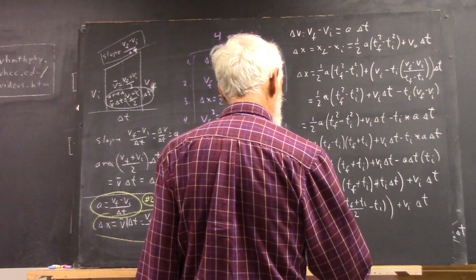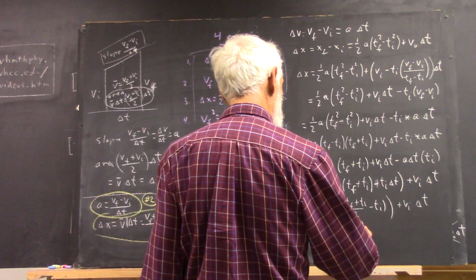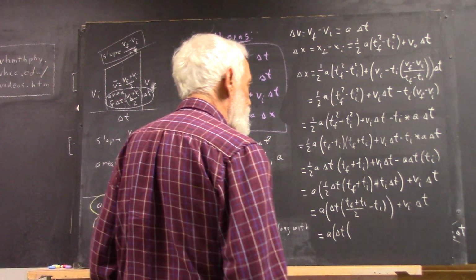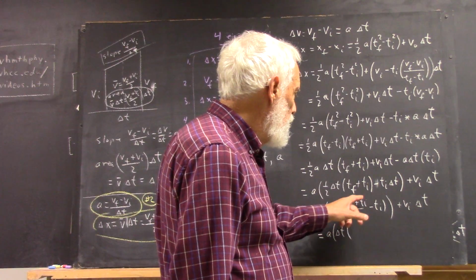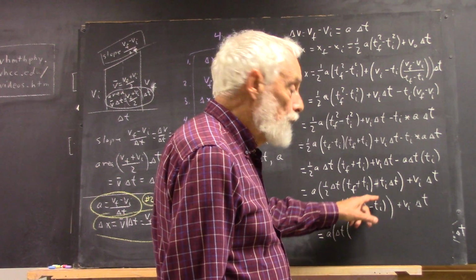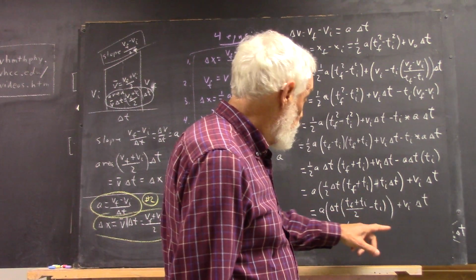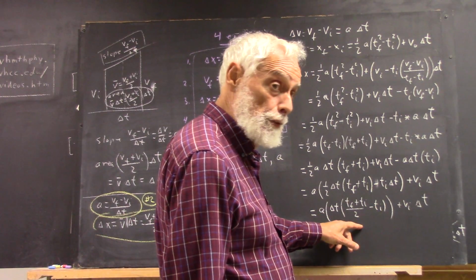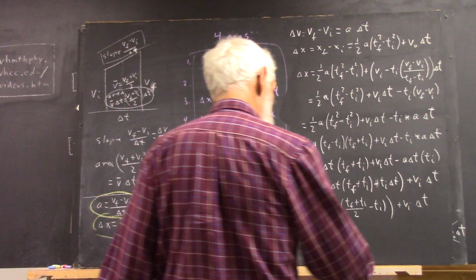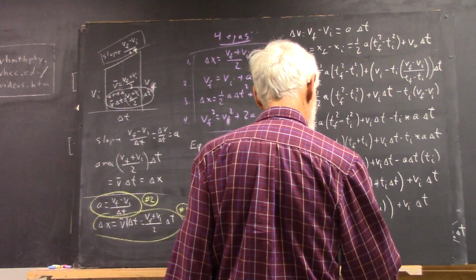A times delta T times, well, go to a common denominator. I'm going to have TF plus TI over 2 minus 2TI over 2. So I'm going to have TF plus TI minus 2TI over 2. And I'll leave it to you to reconcile that.